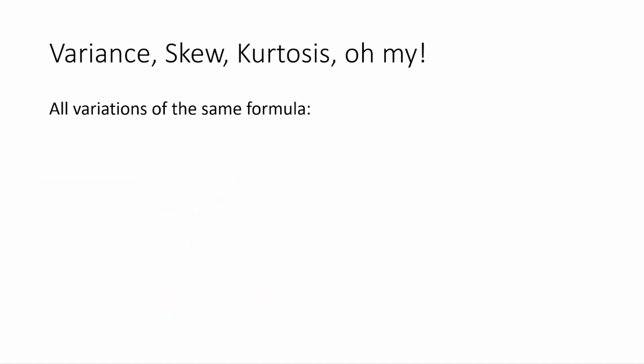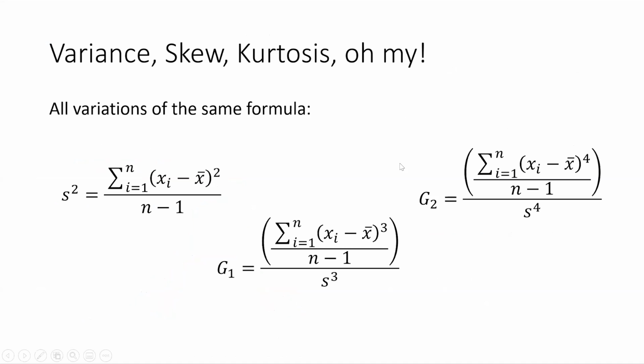So as I mentioned, they're all variations of the same formula, right? So we have variance over here, S squared. We have G sub 1, which is skewness, and then we have kurtosis. You can see that these are pretty much the same equation. Variance, we've got right here to the second power.